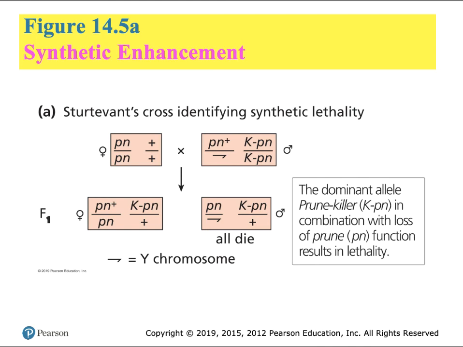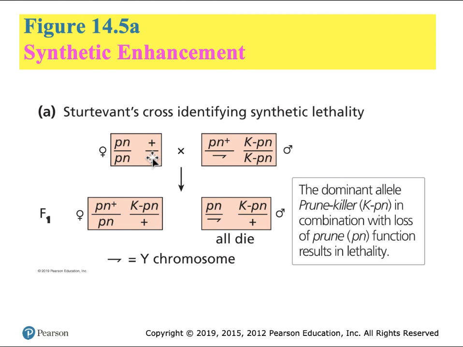Figure 14.5a uses classic genetic symbology in order to illustrate this example. First thing to realize is that the symbol for male and female are used. So females have two chromosomes, and on one chromosome, this location, which will be equivalent to the prune killer location, is wild type.